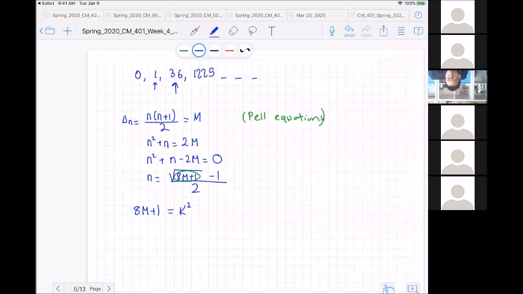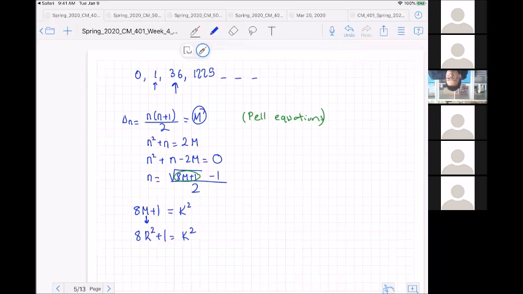Again, what we said first was that m is a perfect square, which I'm going to represent as r squared.